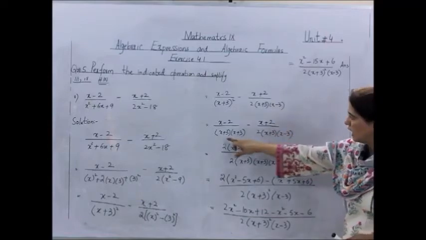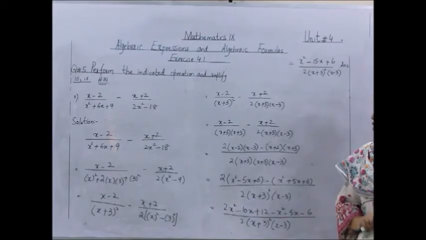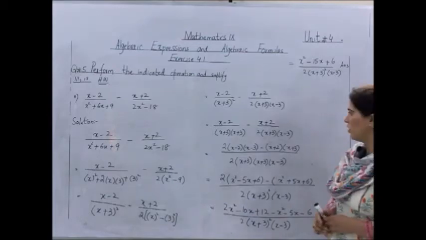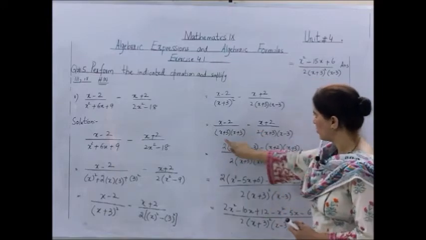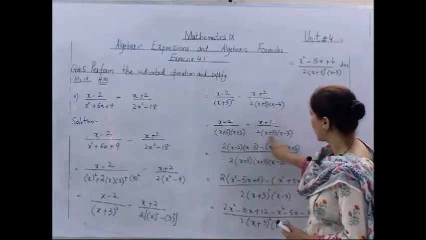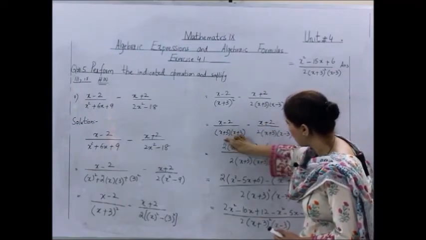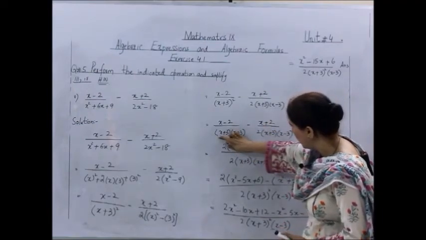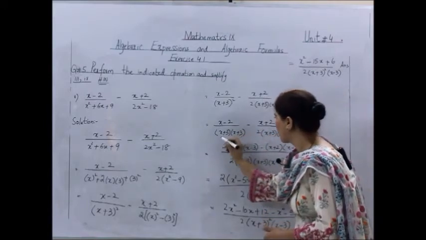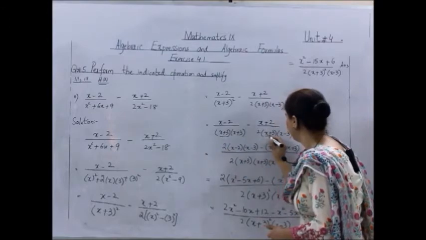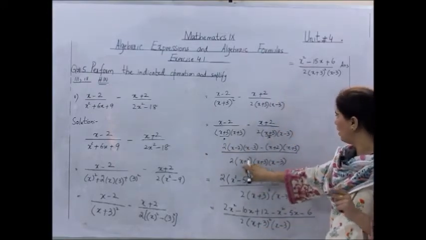Now we will take the LCM. The LCM was common factors multiplied by non-common factors, as we did in previous questions. Now see the common factors in these two rational expressions: x plus 3 is common, and we write it one time.